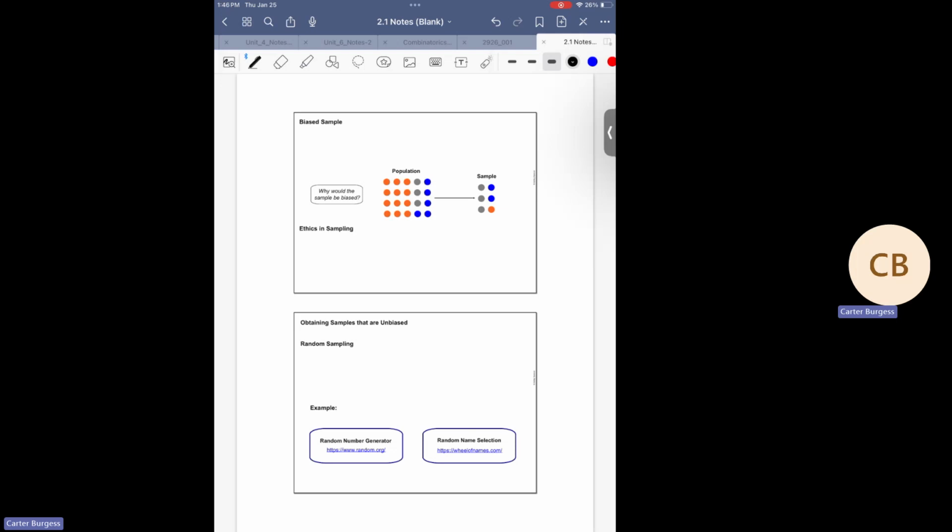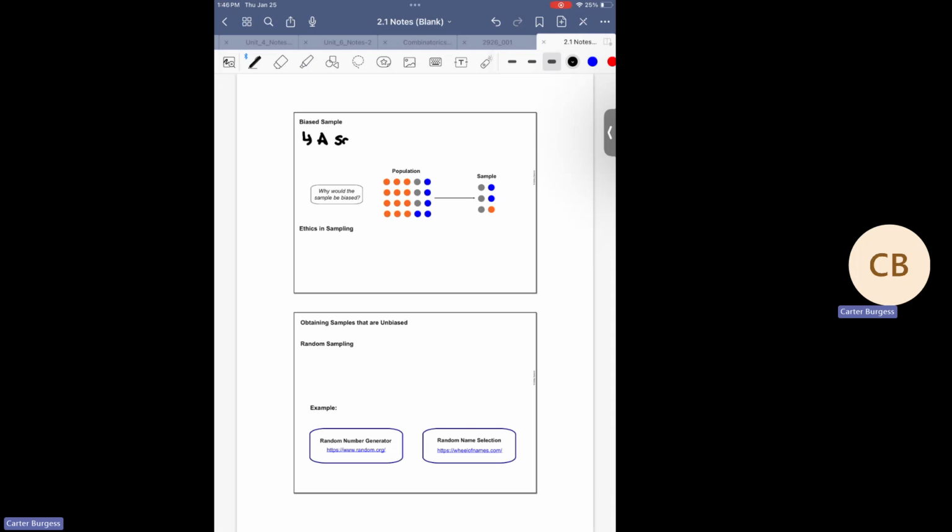In particular, I collected what is called a biased sample. So a sample is biased if, due to something that went wrong during the collection process, it tends towards something other than, or it's not reflective of, the larger population.